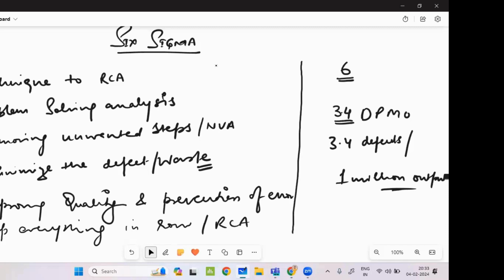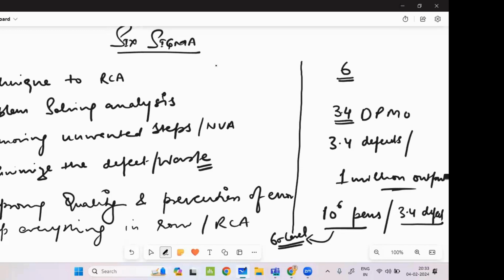Let's say I am a manufacturer of pens. Out of 1 million, which is 10 lakh pens, if there are only 3.4 defects, if my defect level is only 3.4 defects out of 1 million output, whether it's your product or your services, it could be anything, then and only then can you claim my process is very mature and at a Six Sigma level.